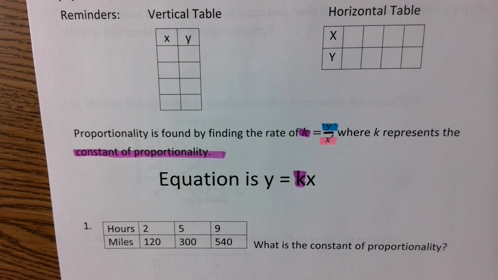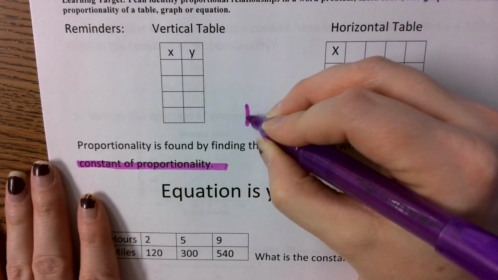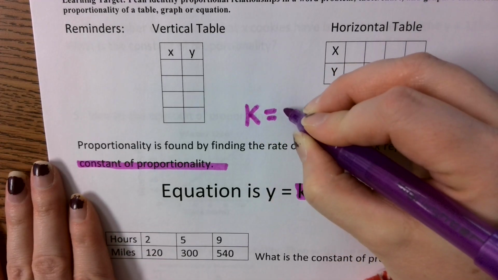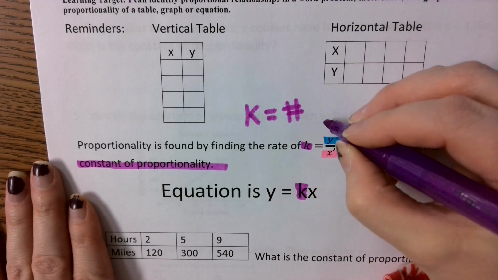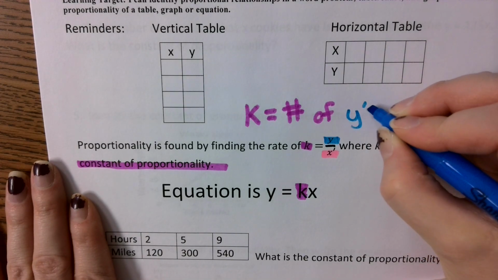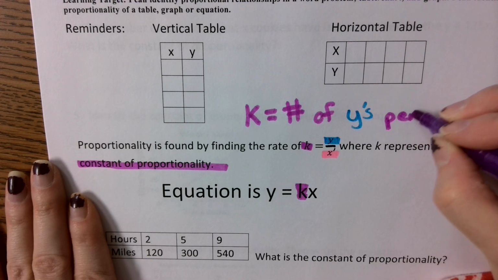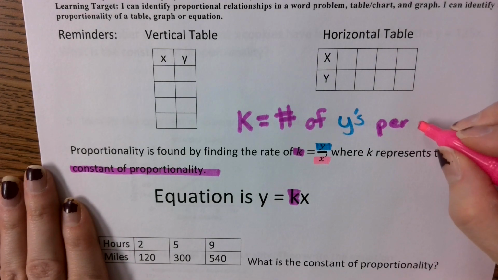Okay? And now it's important for you also to understand that when we are talking about our k, our constant of proportionality, k is always going to be equal to some number of whatever y's you've got per 1 x.